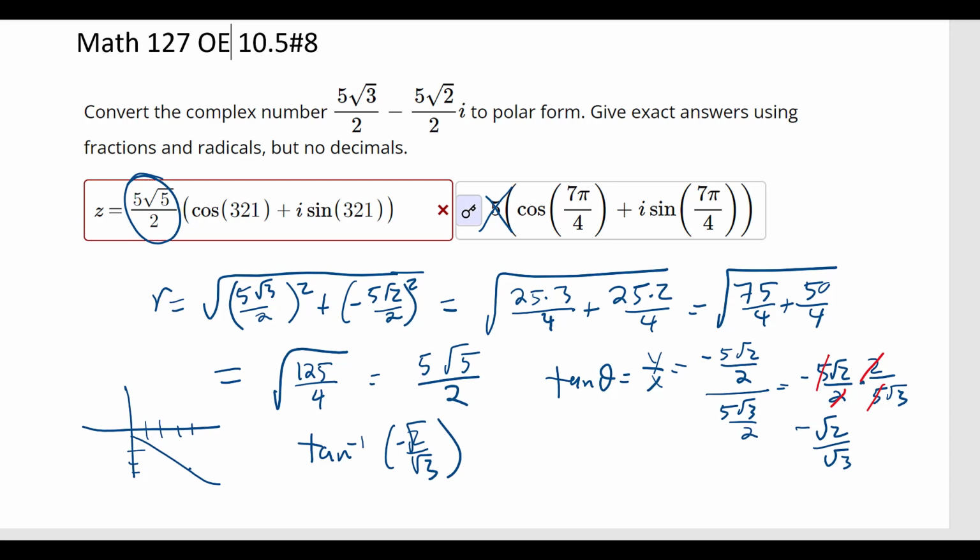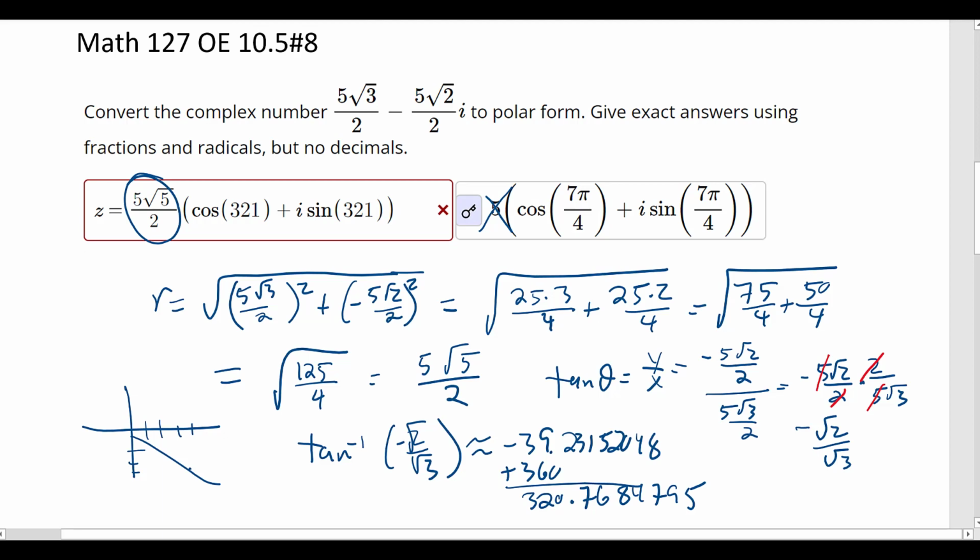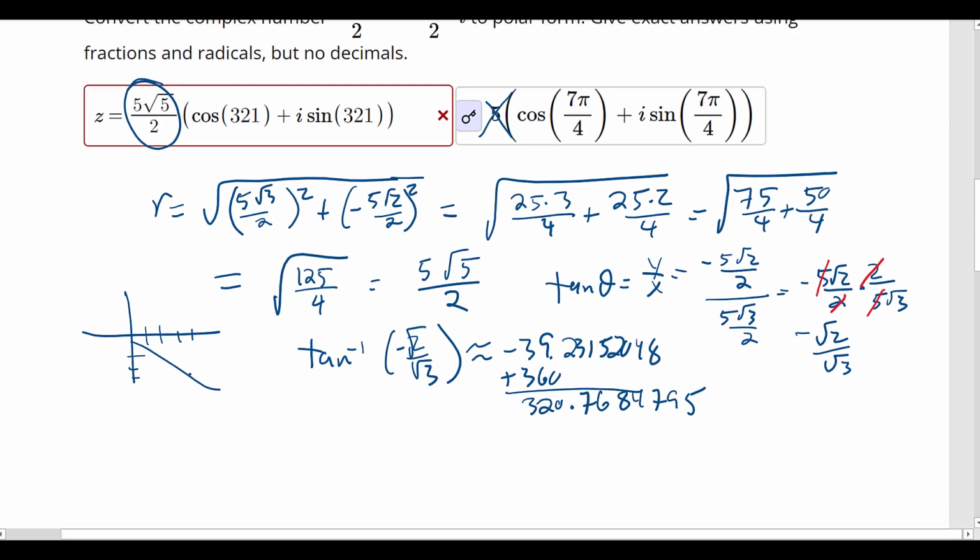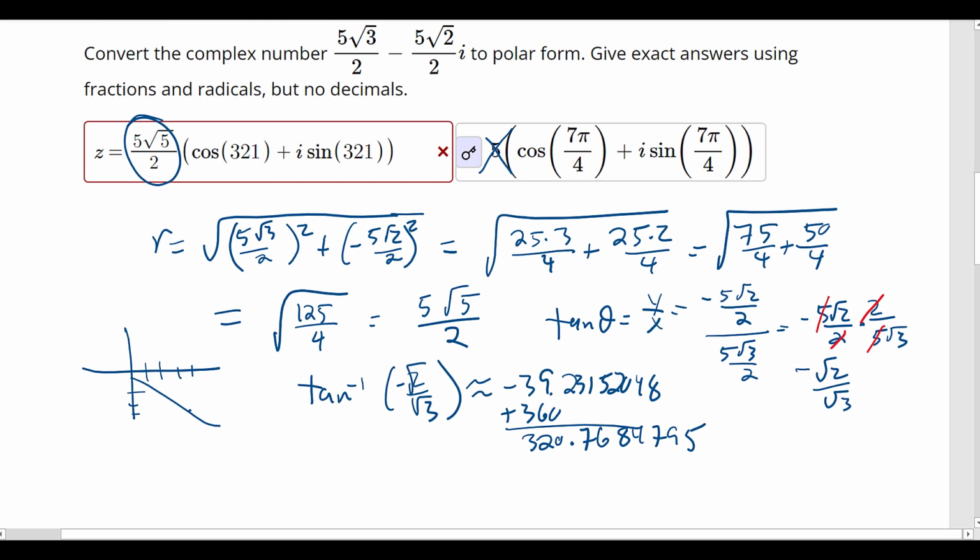And I'm getting approximately negative 39.23 degrees, but if I add 360 to that, I get 320.7684795. It doesn't say they want it positive, but I assume they want it positive. Now, the one other thing about that, in radian mode, that's in degrees.